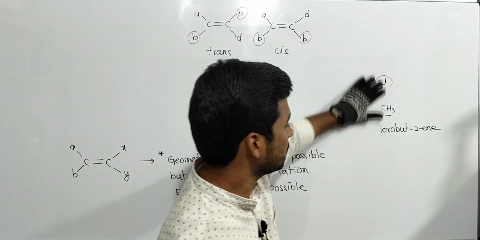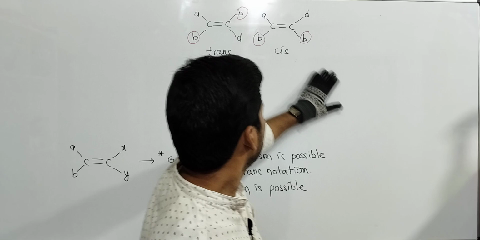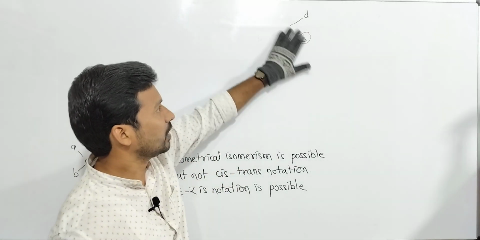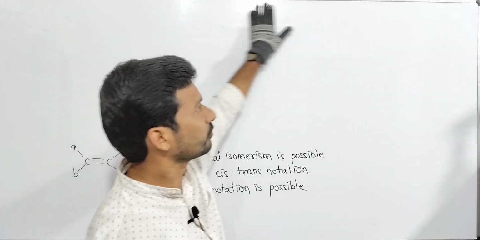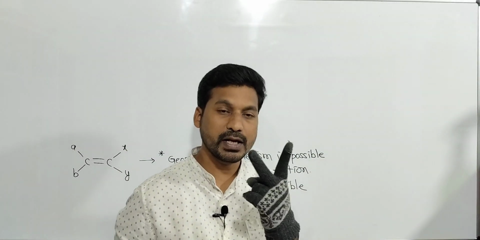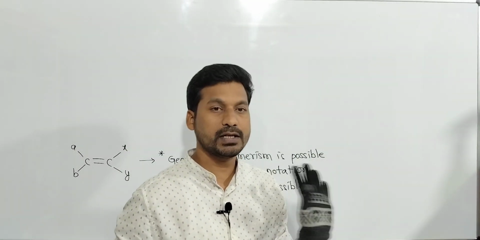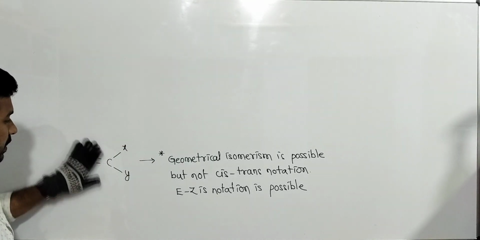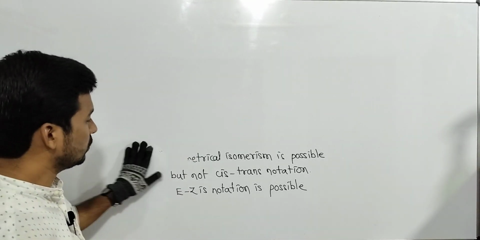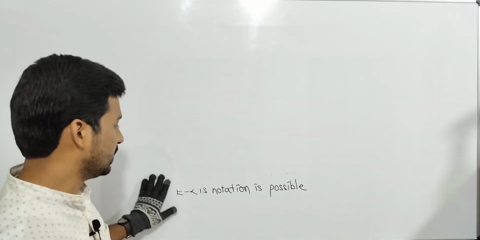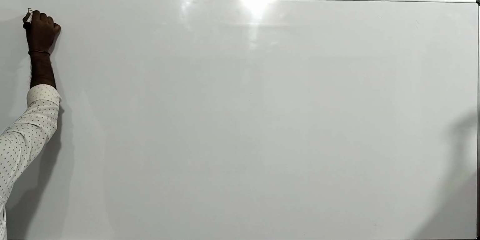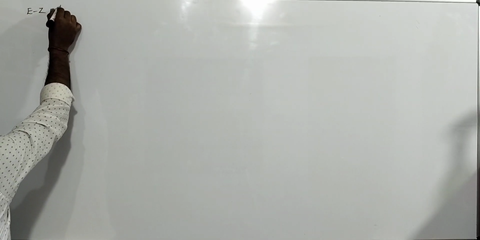Instead of cis-trans notation, we use EZ. Whenever at least one pair is the same on the two sp2 carbons, cis-trans is possible. Whenever four different groups are present, cis-trans is not possible; it is possible to assign E and Z prefixes. So what is EZ notation?